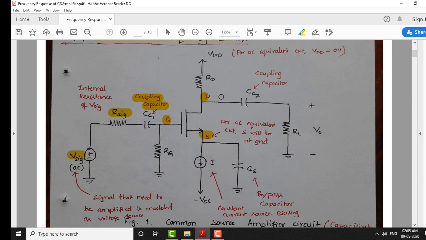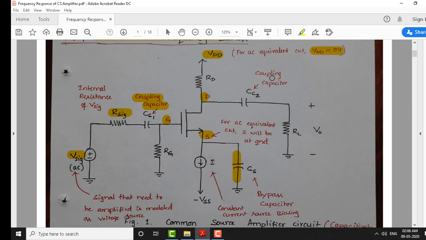For the common source amplifier, the source is at ground for the AC signal, because the capacitor here passes the AC signal, so it acts like a short circuit. Similarly, for the AC equivalent circuit, VDD will be at ground potential.